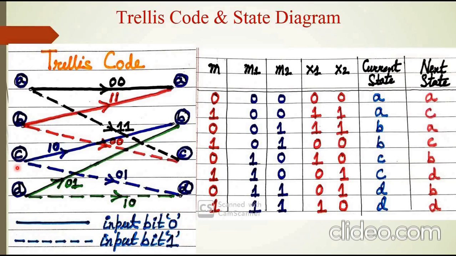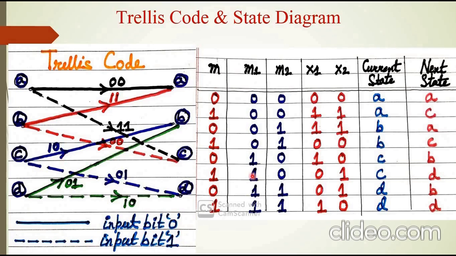So C to B is represented by solid line, and output is 1 0. So let us make it on the line 1 0.